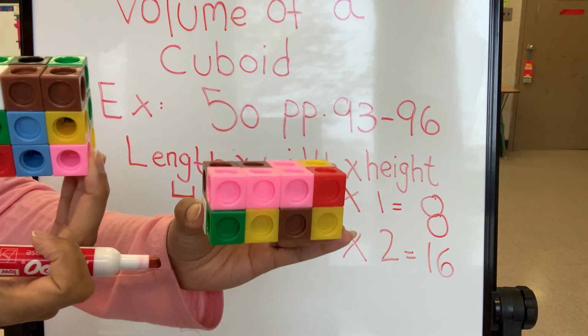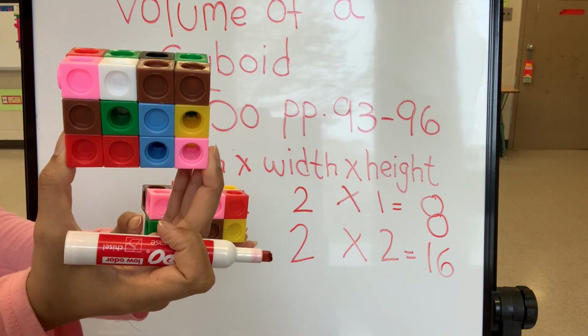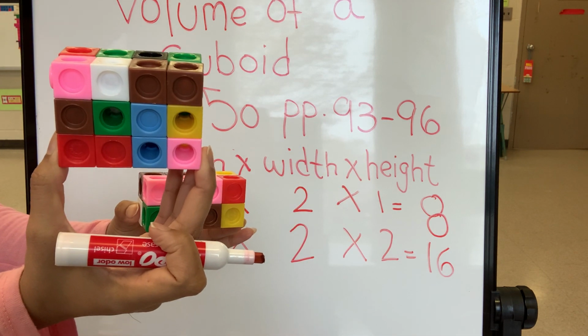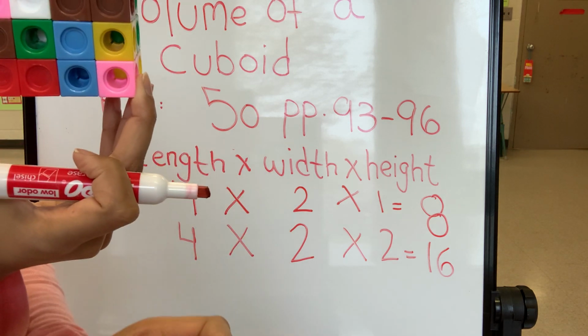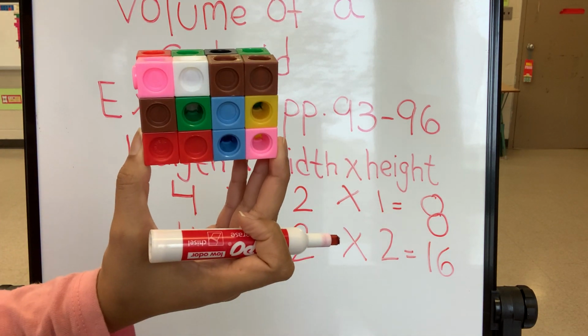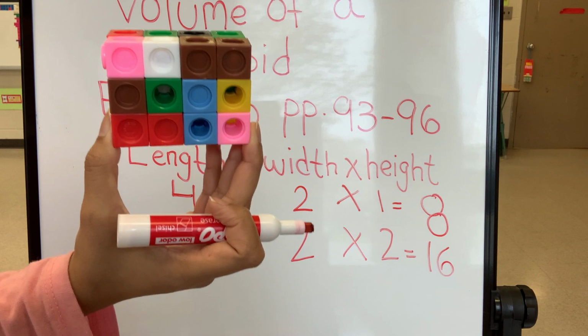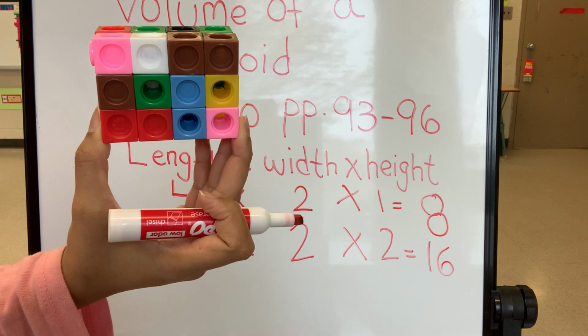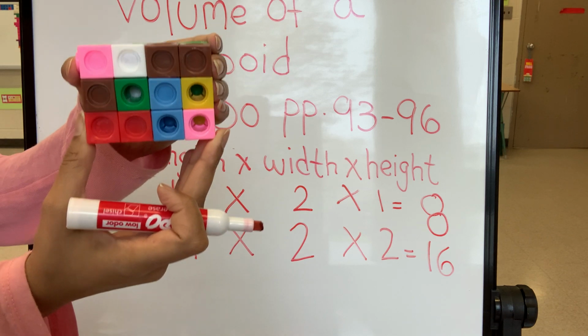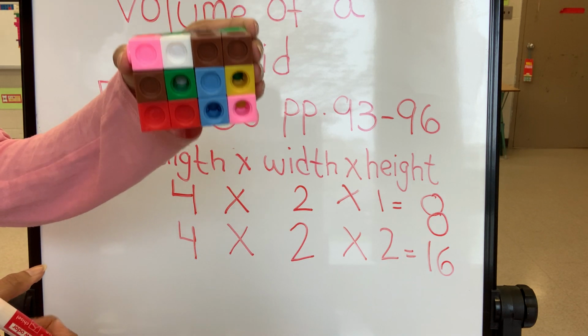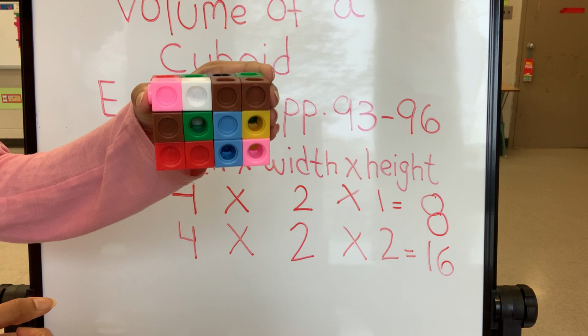So instead of 2, now I have 3 layers. What do you think needs to happen? Are my numbers going to change when I multiply all these? Quickly say it. If you know it, quickly say it. Pause the video and you can find it out. Okay, what would be the volume of this cuboid? Is something going to change?